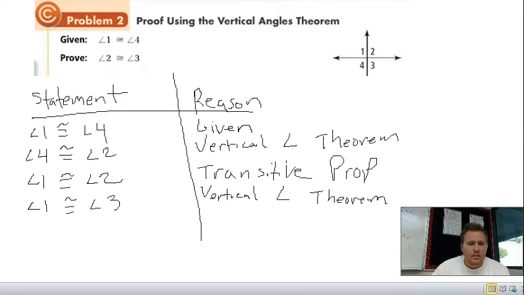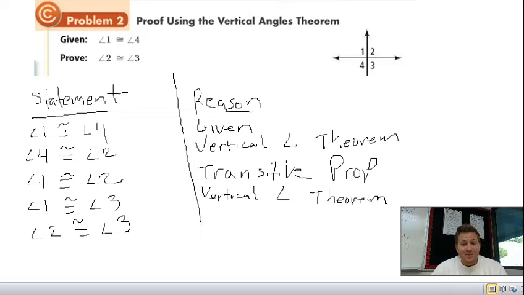Now angle 1 and angle 3 are congruent. Do we see how both of these have a 1 here? Angle 1 is congruent to angle 2, and angle 1 is congruent to angle 3. So what does that have to mean? Because they both are congruent to angle 1, these two also have to be congruent. That's my transitive property.